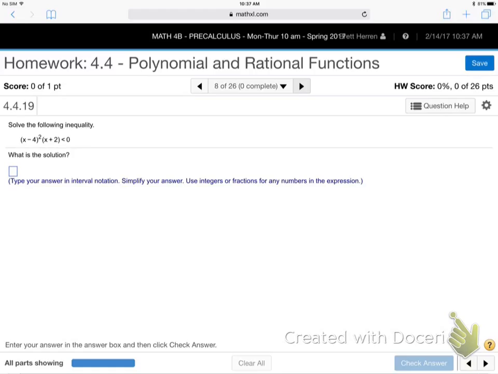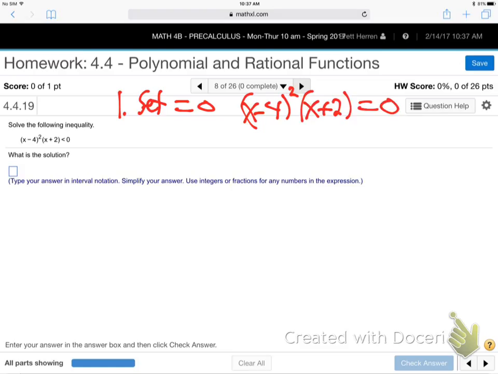All right, can y'all do it? So go ahead and go through the steps. So step 1, set it equal to 0. Set it equal to 0 and solve that thing.